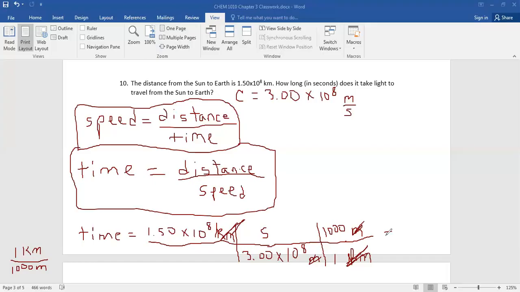So now we do the math, and our units are the time units that we want, seconds. So 1.50 times 10 to the 8th times 1,000 and then divide by 3 times 10 to the 8th. And we get 5 times 10 to the 2 seconds.